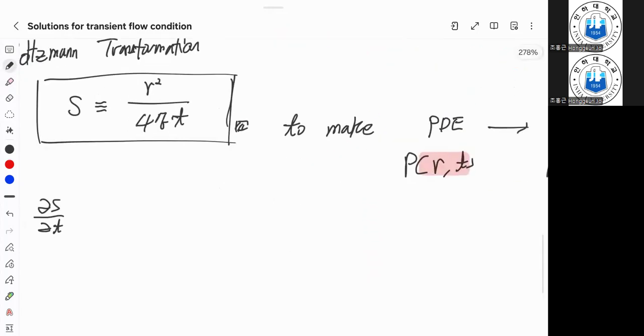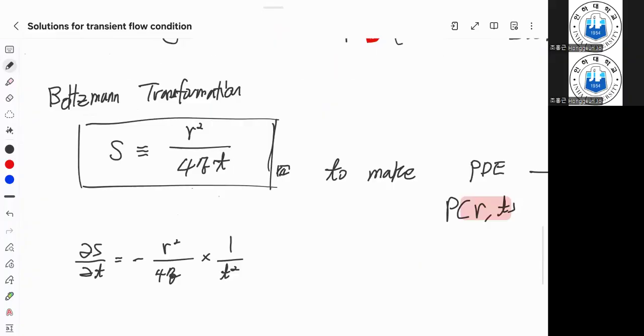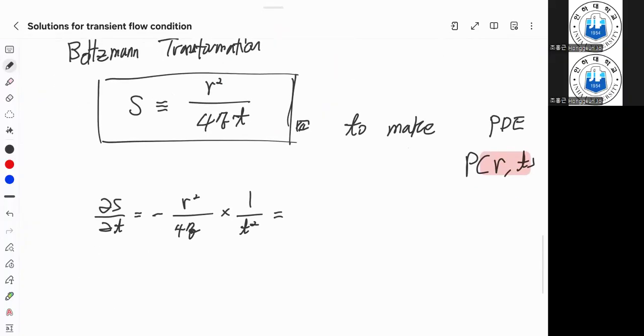Yes, we have a ds right here, so it is equal to minus r squared over 4 eta times 1 over t squared. And this is equal to minus s over t. Likewise, we also want partial s over partial r.